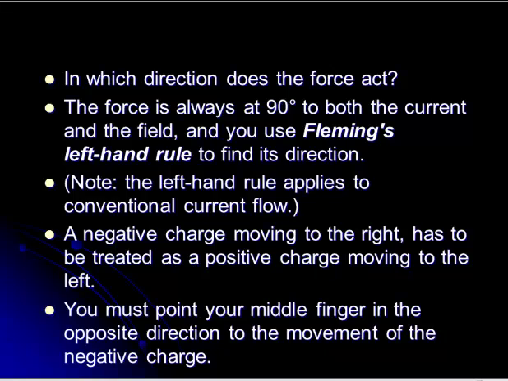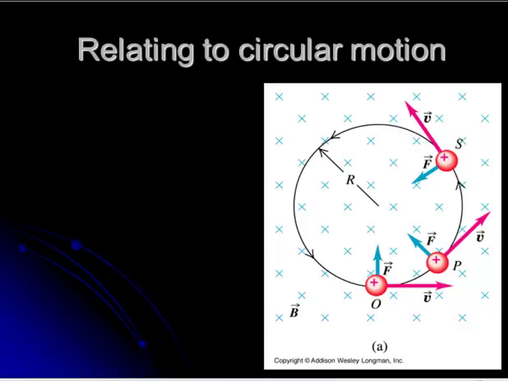The fact it's always acting at right angles means that this very quickly becomes related to circular motion. Because if we have an electron travelling through a magnetic field, the force it undergoes is at right angles to both the velocity, the direction, and the magnetic field. And this sets up a situation where we very quickly get a centripetal force.